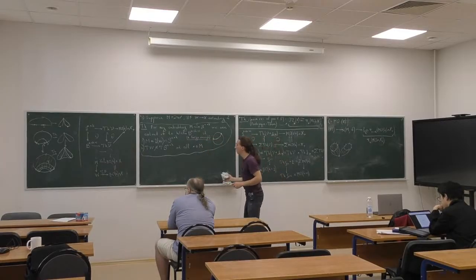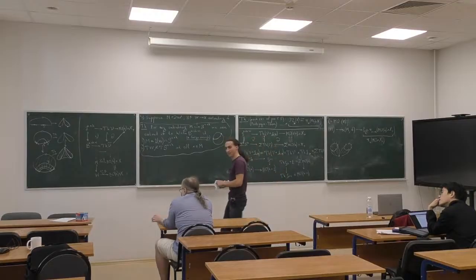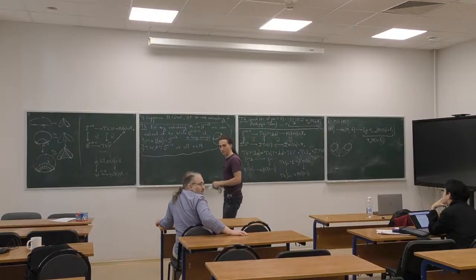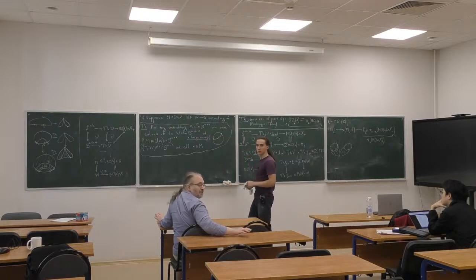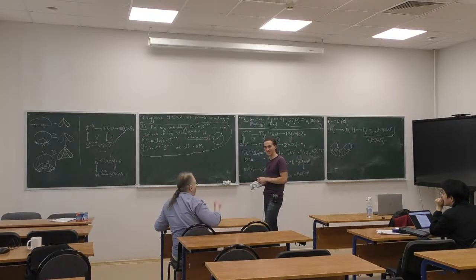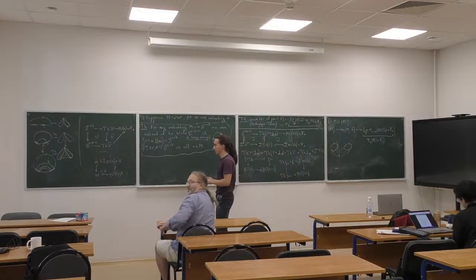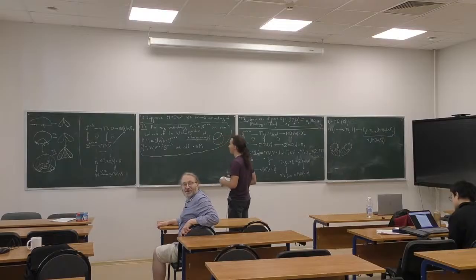One thing proved, one thing left to prove. Is everything okay? Let's ask the audience. Is everything okay? So what do you think the answer is? No, you were just staring at some part of the board. I thought maybe you had questions.